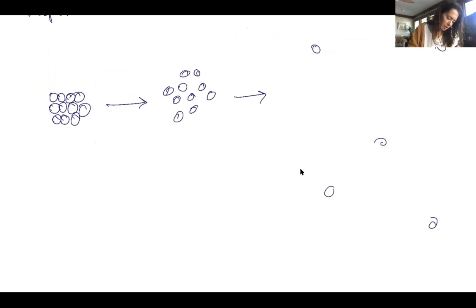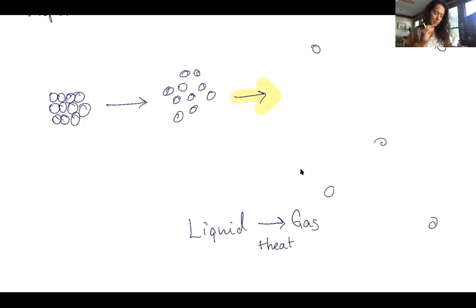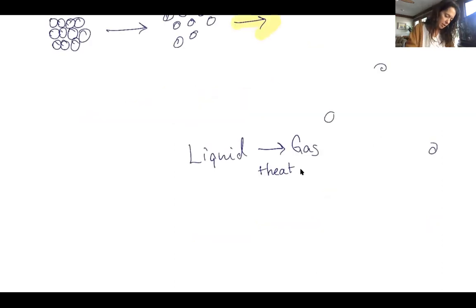So boiling, as you know, occurs here. This is what boiling is. It's going from the liquid to the gas with the addition of heat. So in order to turn the liquid into the gas, that says plus heat.